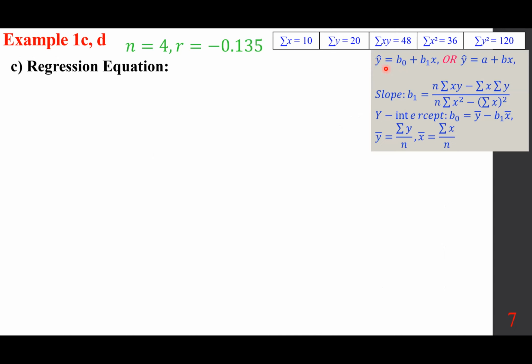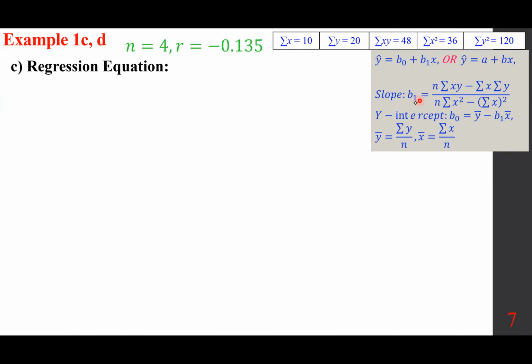So some calculators use y hat equals b0 plus b1 x, and b1 is the slope. Some use y hat equals a plus bx, in which case b is the slope, remember that. And so it tells you how to calculate the b1, the slope here, and then the y-intercept.